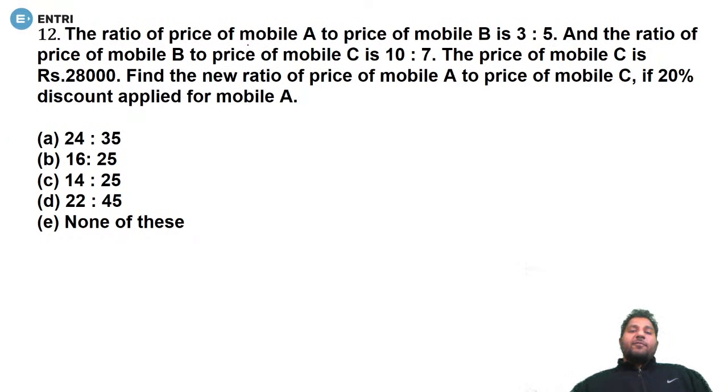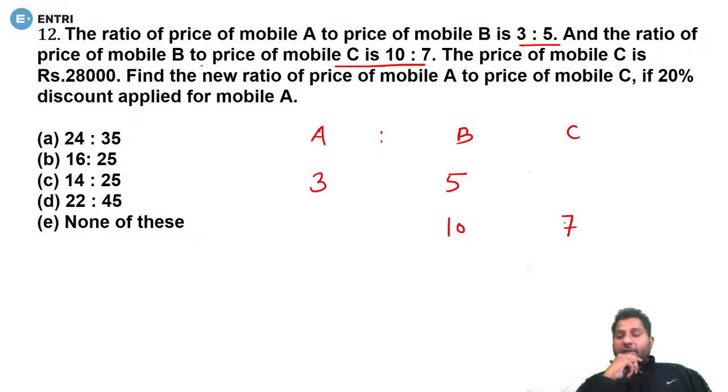The ratio of price of mobile A to price of mobile B has been given as 3:5. And the ratio of price of mobile B to price of mobile C has been given as 10:7. Very good, Rapu.